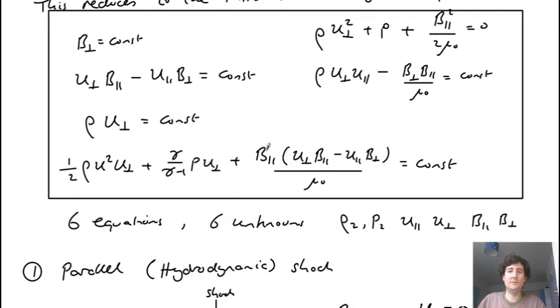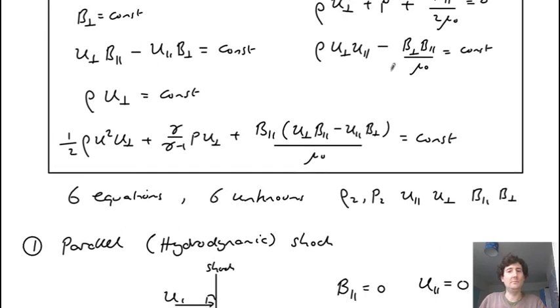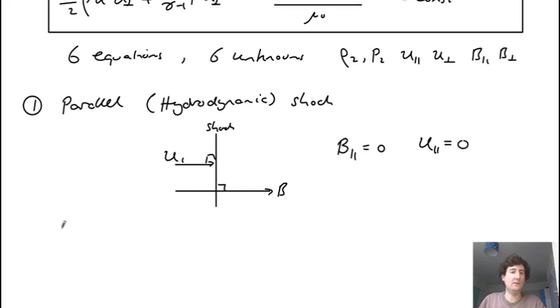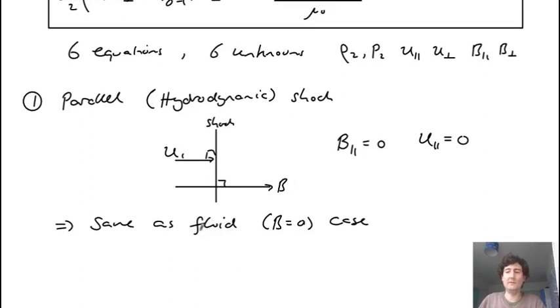But lastly this part here, you have B parallel here, so this all disappears. So all the equations either become trivial or everything cancels out, and so it goes back to the same as the hydrodynamic case. So it's the same as the fluid case, i.e. if B equals 0. And so this is hydrodynamics, the simplest case.